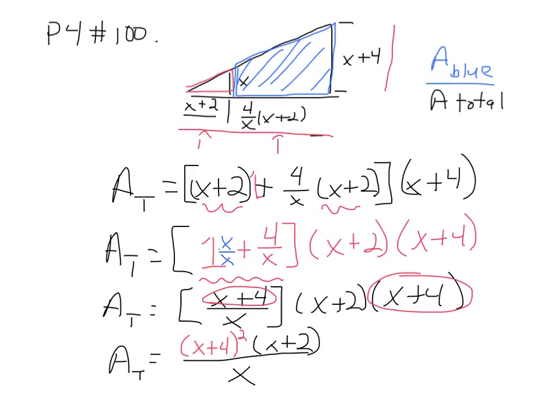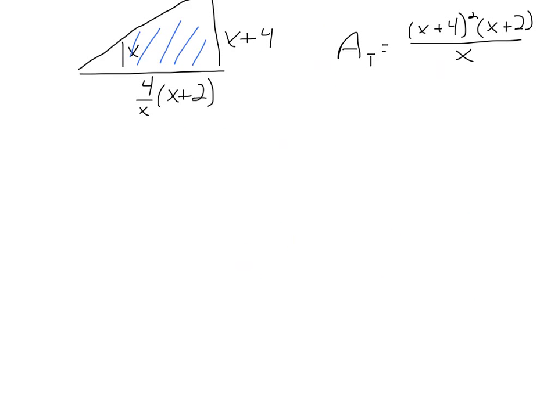Next up, we need to figure out what the area of our blue area is. I'm going to figure out the area of the blue area by using the trapezoid rule.